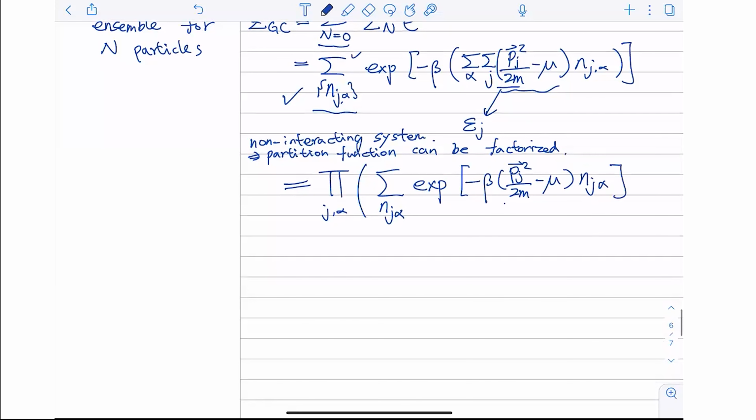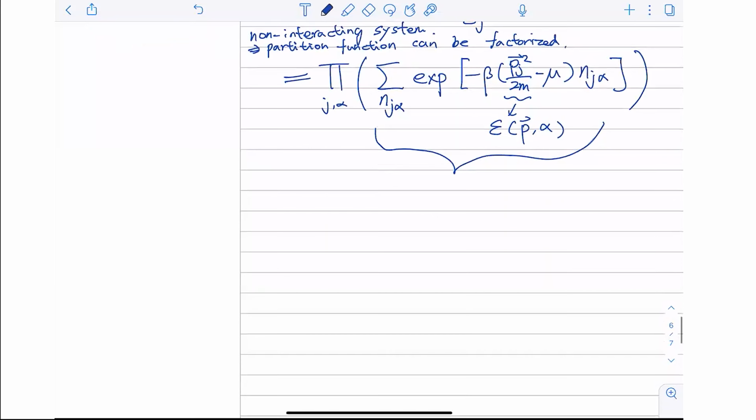And as I mentioned, you can always replace this energy by some kind of abstract idea of single particle energy. And as I mentioned, this summation is an infinite series.